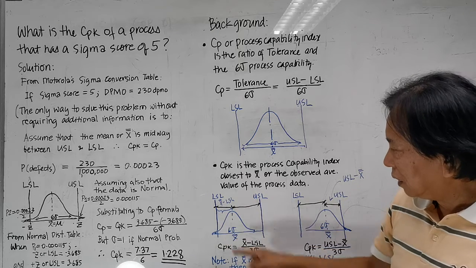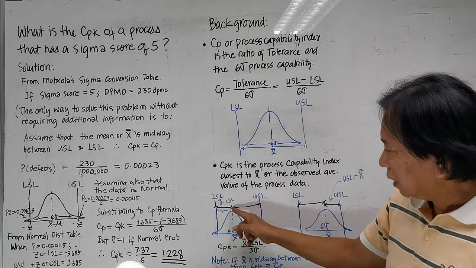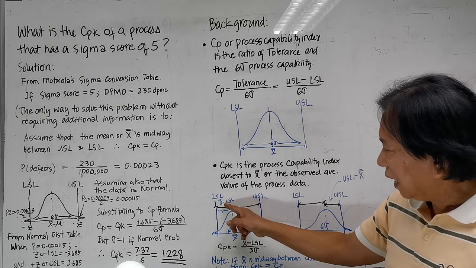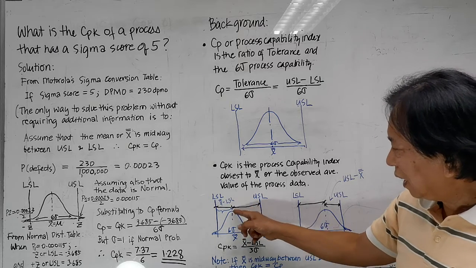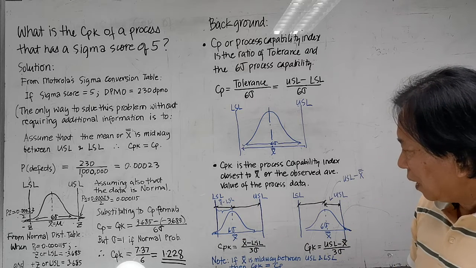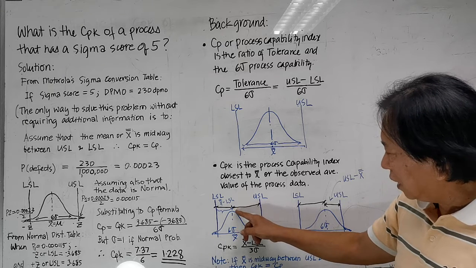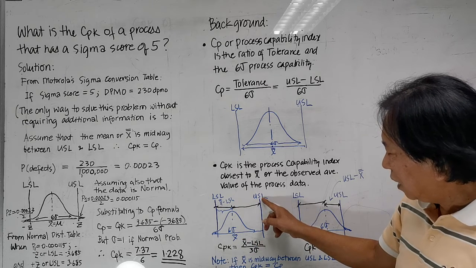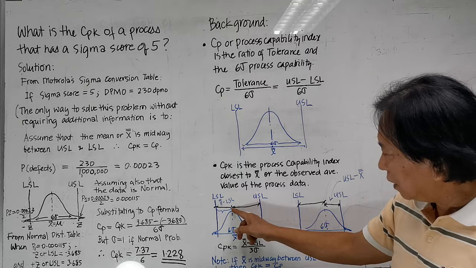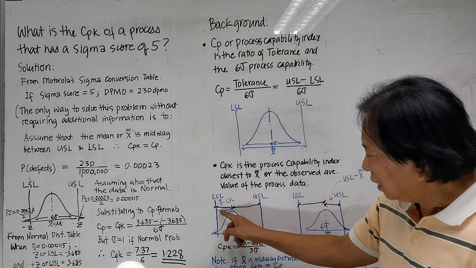Therefore, this distance from X double bar to LSL is X double bar minus LSL. So that is the length of this distance. And obviously, this length is shorter than the USL to X double bar. So this distance is longer than this distance.